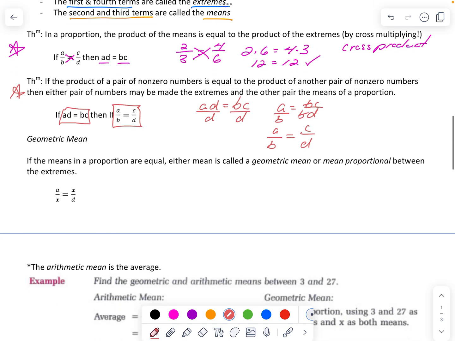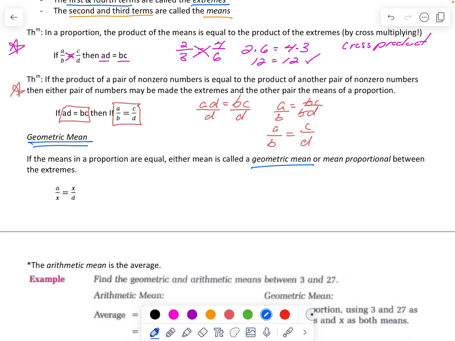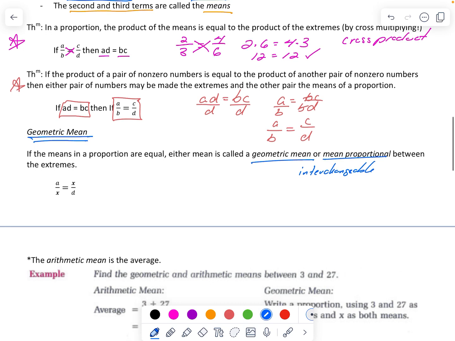All right, so now the geometric mean. If the means in a proportion are equal, then either mean is called the geometric mean or mean proportional. Okay, these are interchangeable. And so notice the x's are equal here.